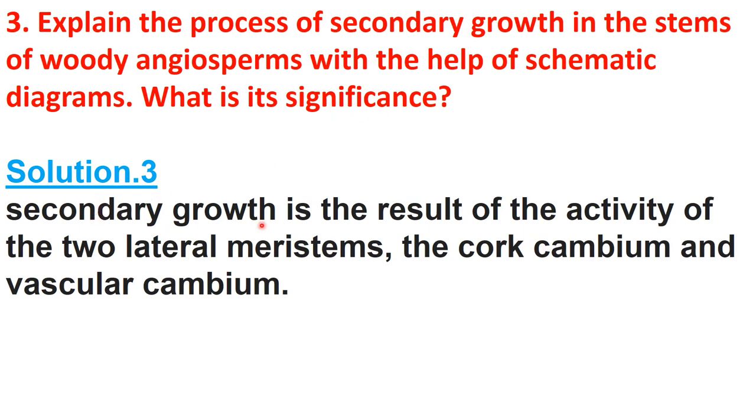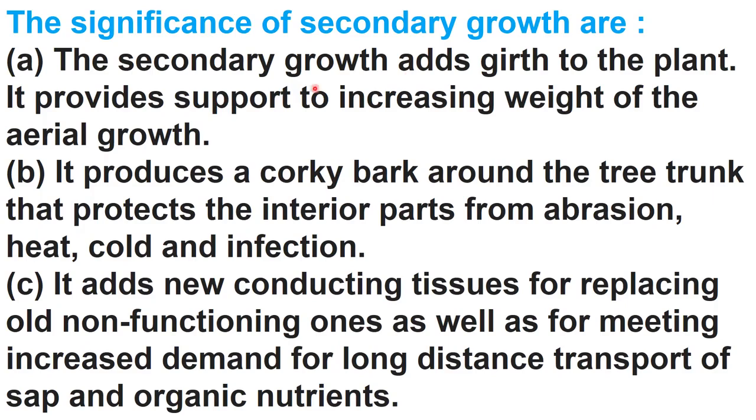So secondary growth is the result of the activity of two lateral meristems, you can say, the cork cambium and the vascular cambium, right? So here you need to discuss the action of vascular cambium as well as cork cambium. Now let's see the significance. The first is that secondary growth adds girth to the plant.